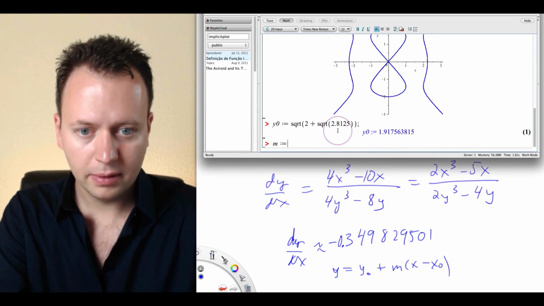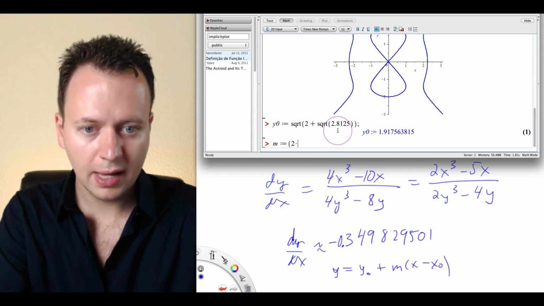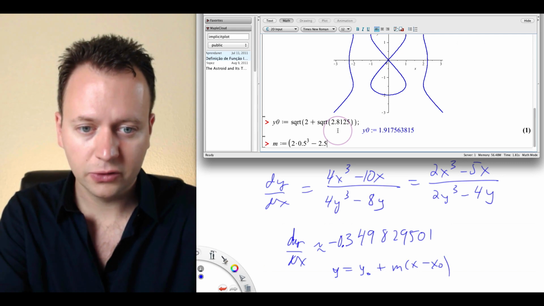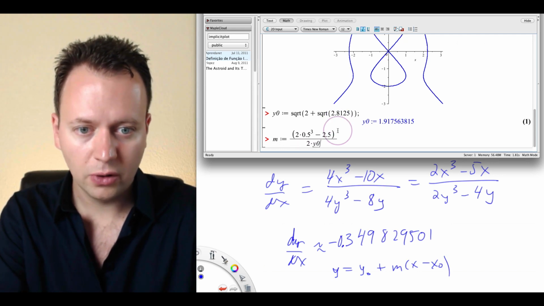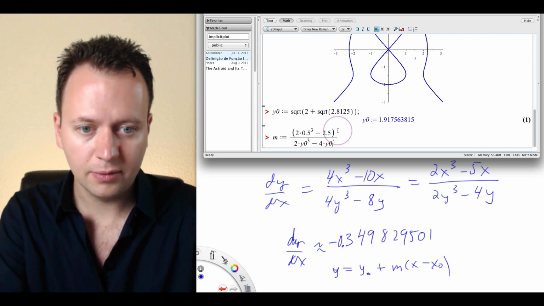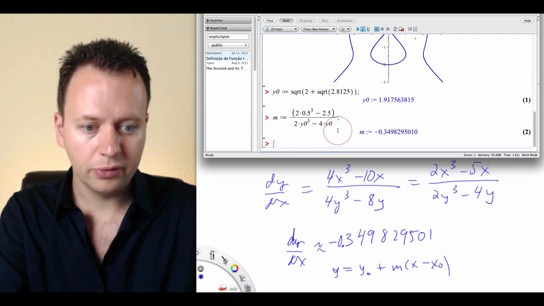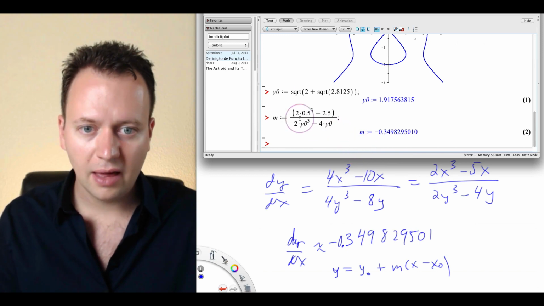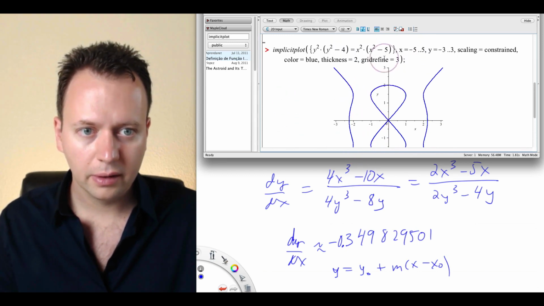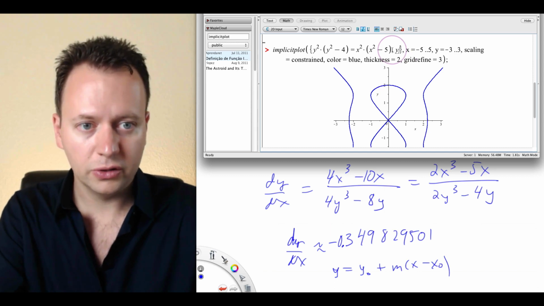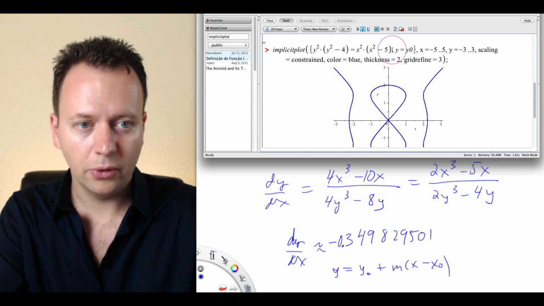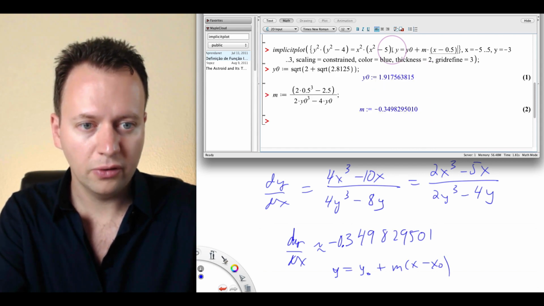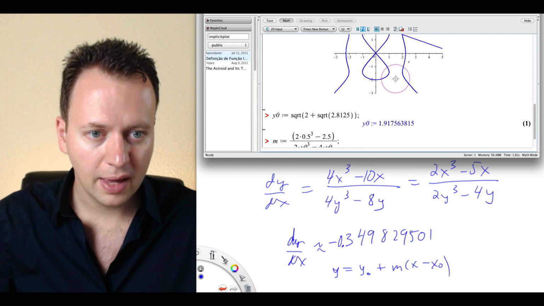We'll set m equal to 2 times 0.5 cubed, minus 5 times 0.5, which is minus 2.5, divided by 2 times y0 cubed minus 4 times y0. So there's the slope that I came up with. Now that we have these stored, our equation is y equals y0 plus the slope times x minus x0, which is 0.5. And there we have it.